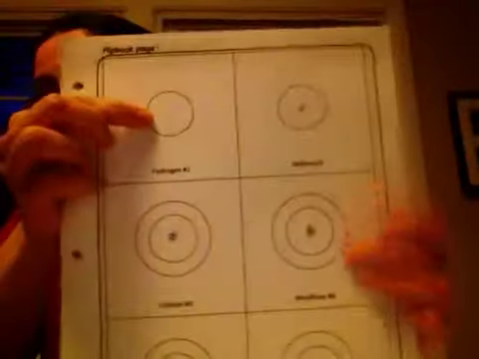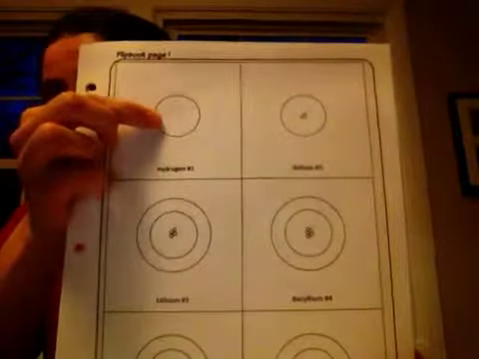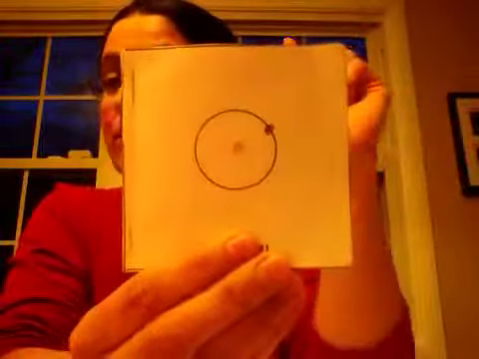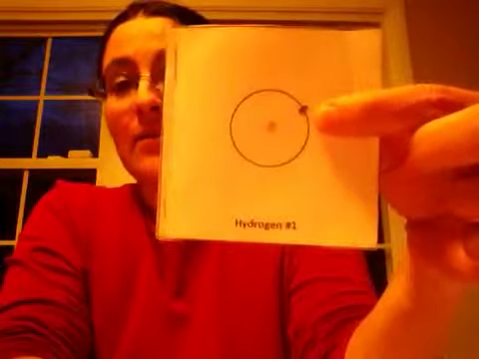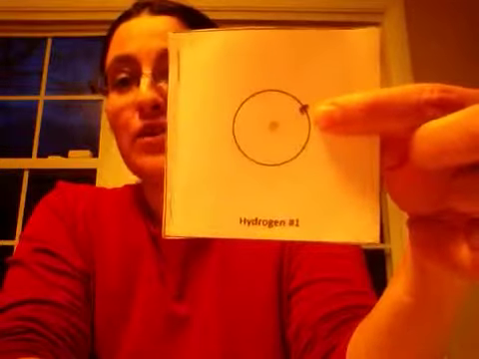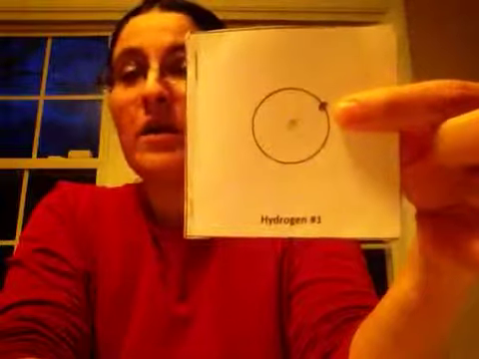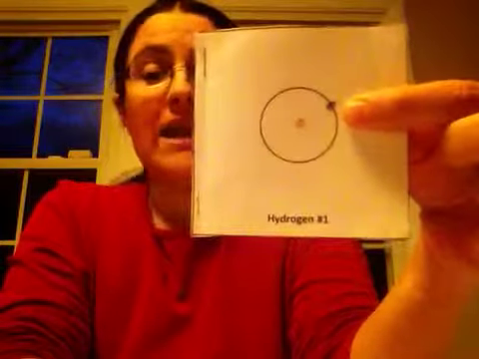Hydrogen has 1 proton and 1 neutron. I'll show you what it looks like here. No neutrons. 1 proton, 0 neutrons, and 1 electron. Now, look at that. Is there any hint as to why we know there's 1 proton and 1 electron?